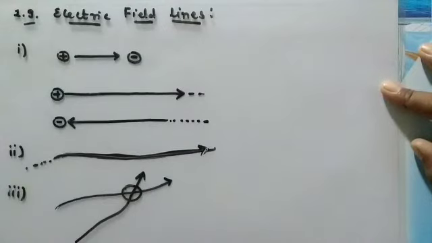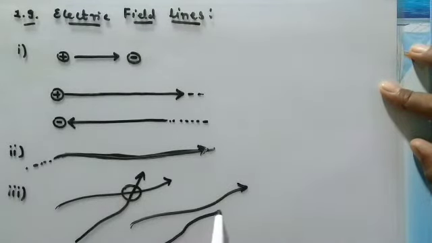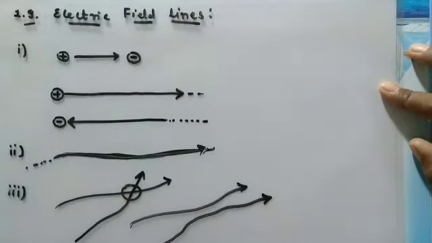No two field lines can cross each other. Means if one field line is like this, then the other field line will move alongside the first field line, but it will not intersect it.